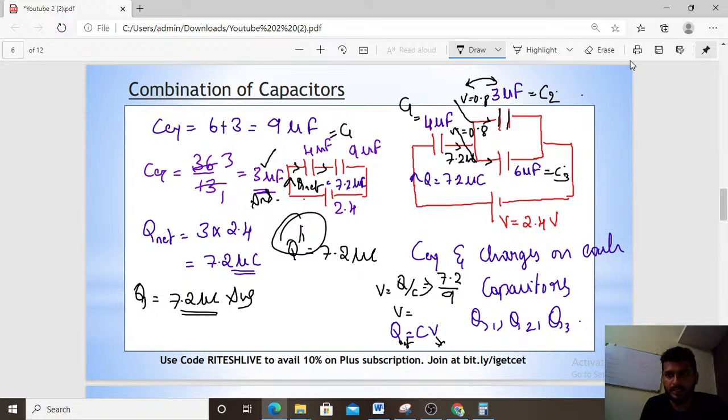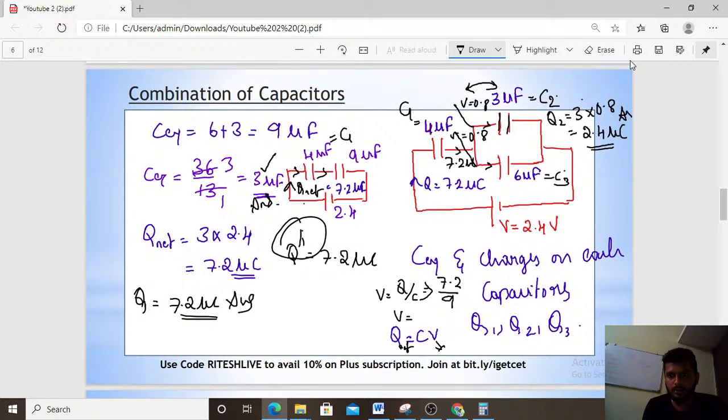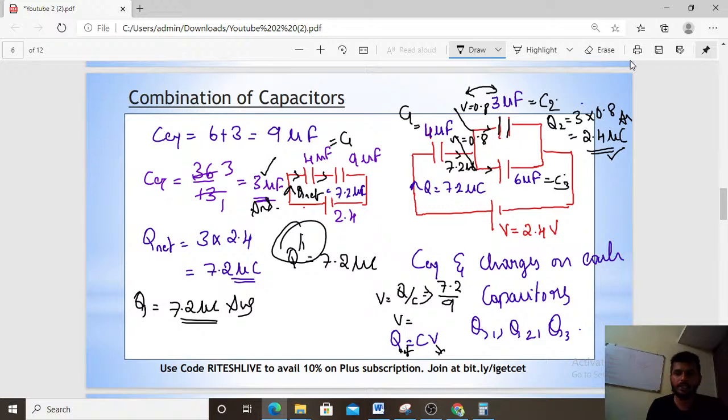Q2 will be C2 into 0.8, that is nothing but 2.4 microcoulombs. So that is another answer. Similarly here, Q3 is 6 into 0.8, that is 4.8 microcoulombs. So that is another answer.